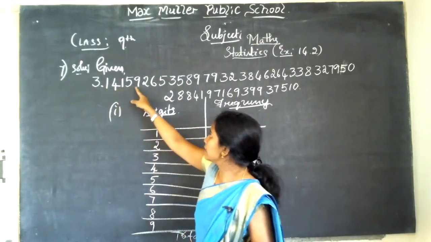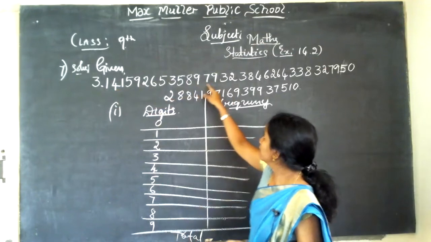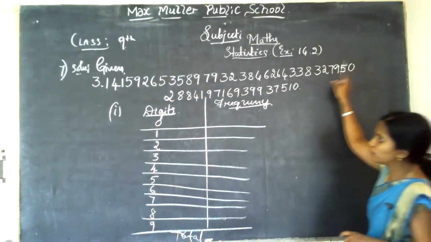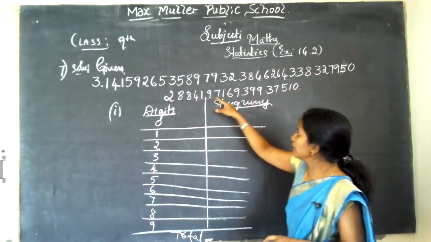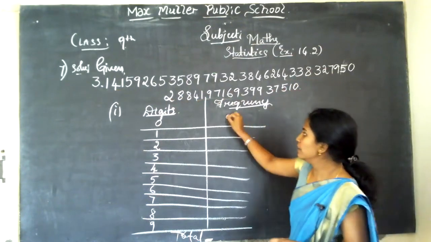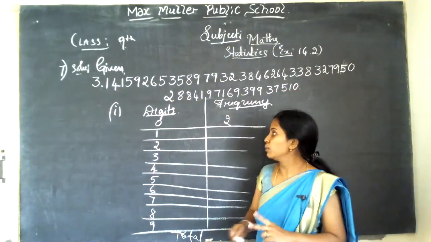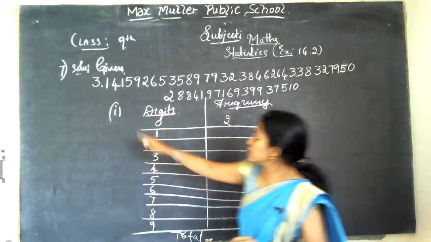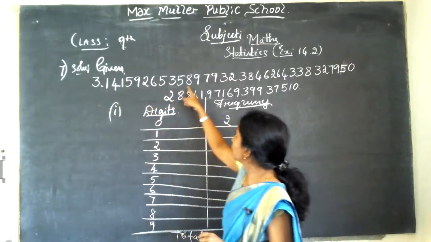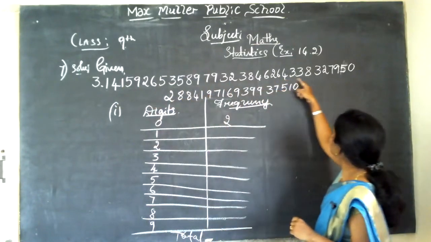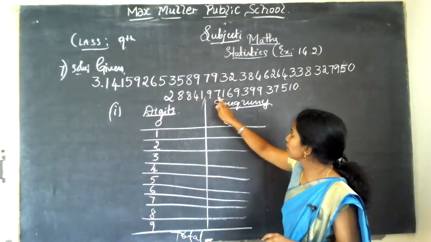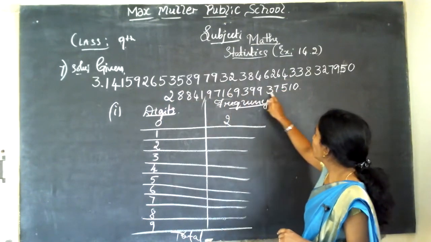Do you have any 0 here? So here you have one 0. In the second row, here you have another 0. How many zeros are there? 2. Therefore, the frequency becomes 2. Now look for 1. 1, 2, 3, 4, and 5.